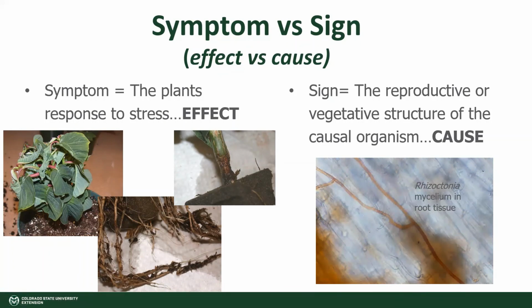So if you want a better difference between symptom and sign, this is an analogy that I'm going to use. You have a fever and you are feverish and you don't know what it is, but you have a fever. And usually the fever is the symptom, right? So you go to the doctor and the doctor tells you, oh, it's because you have a bacterial infection.